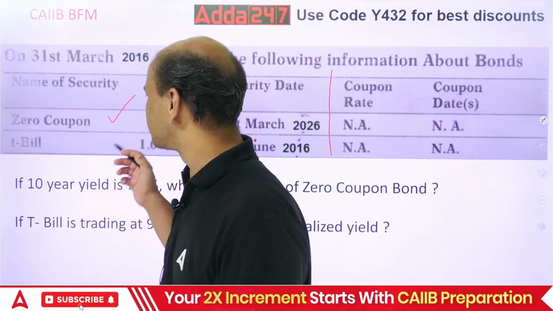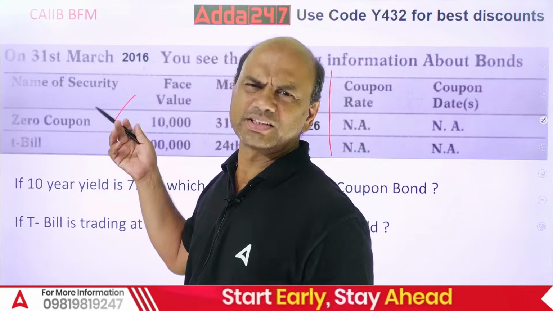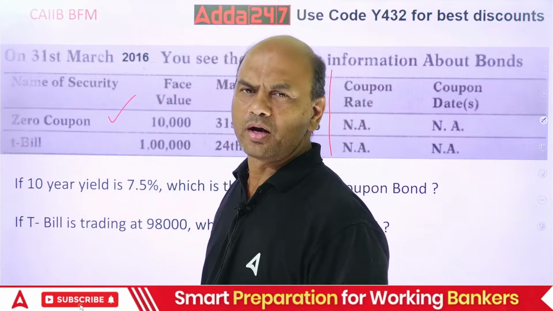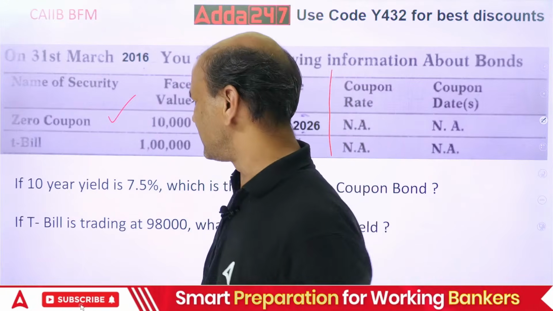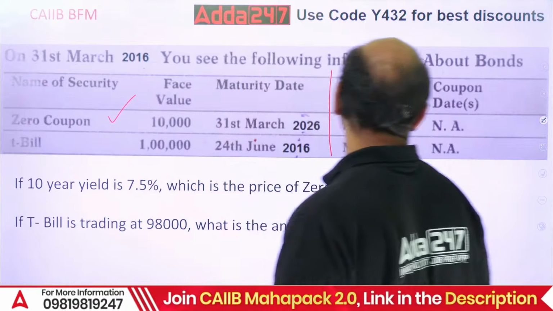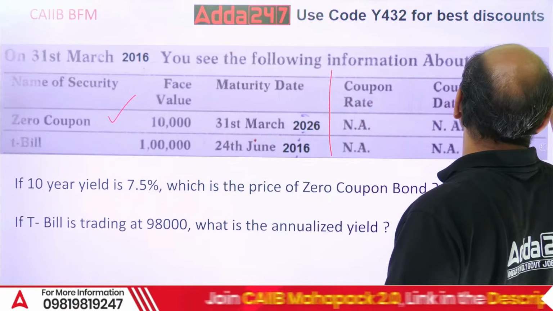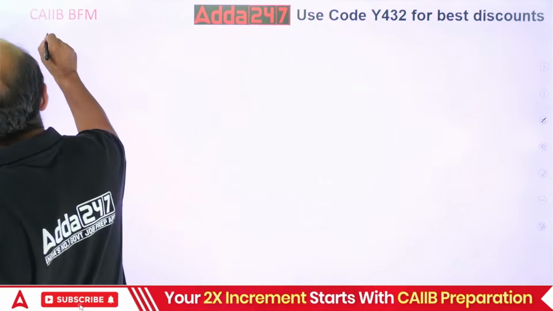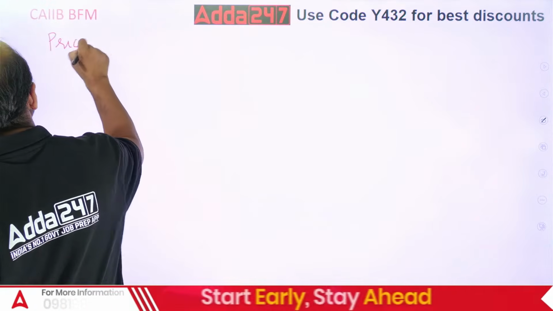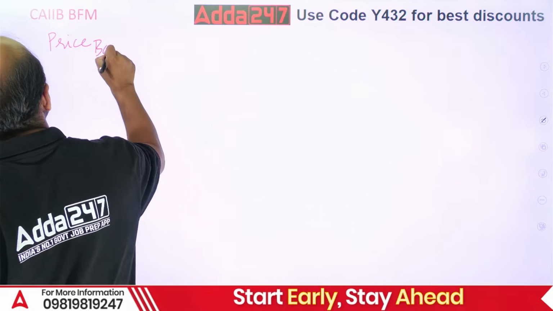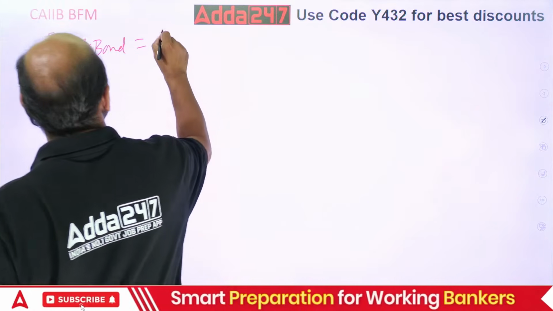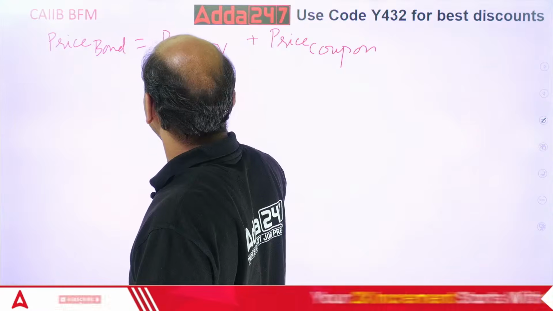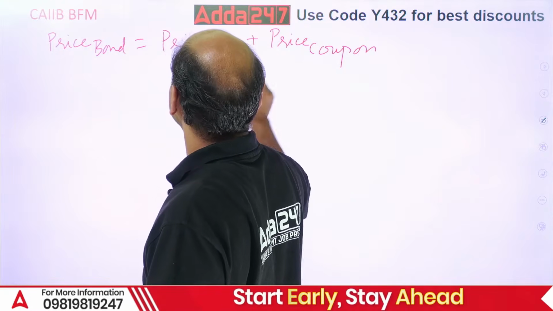See, what is this basically? A zero coupon bond is basically a bond. How to find the price of a bond? Can anyone tell me? Price of a bond equals present value of the face value, that is, face value divided by (1 plus R) raised to N, plus the present value of the coupons.